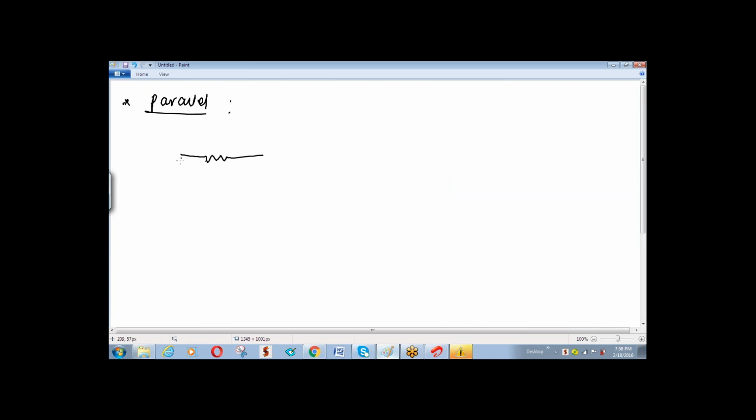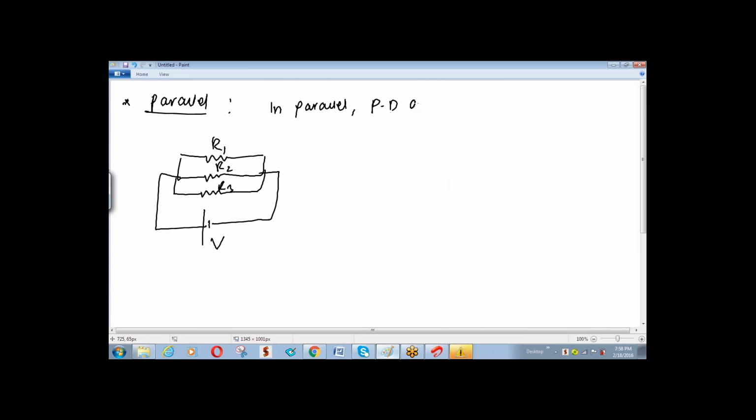Now let's suppose these are three resistances, and three resistances means three bulbs or any three electrical devices connected like this. This is your battery. This is your three elements R1, R2, R3. Now in parallel circuits, potential difference across all the parallel resistors is equal.